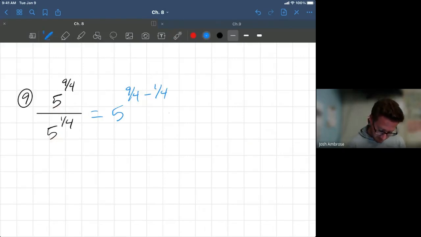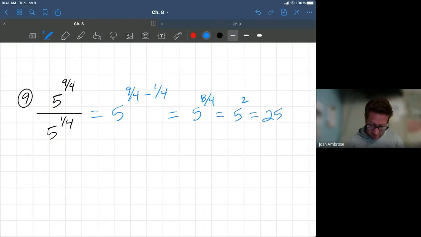All right, simplify that. 5 to the power of 8/4. I can simplify this fractional exponent. 8/4 can be reduced to 5 to the second, and that in itself is 25. All right, follow that whole progression, that whole procedure there.